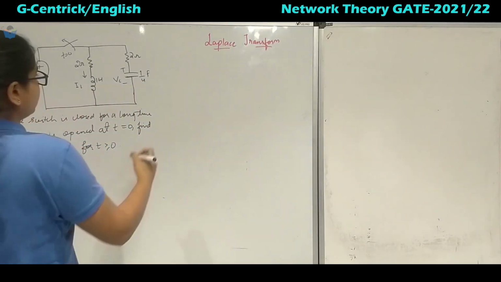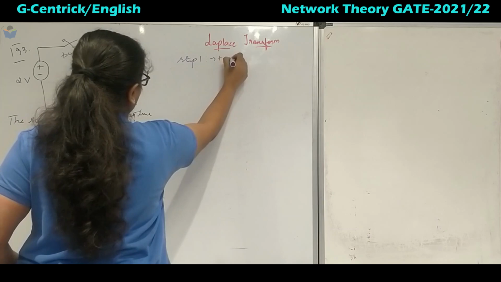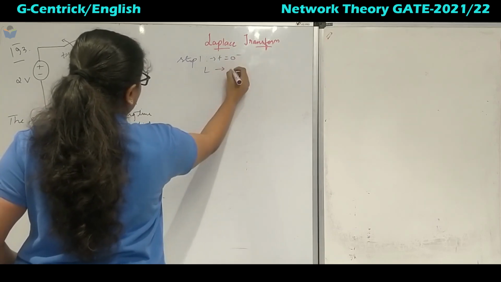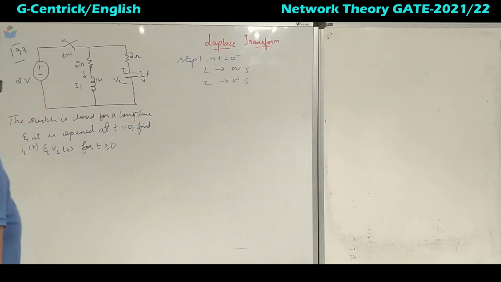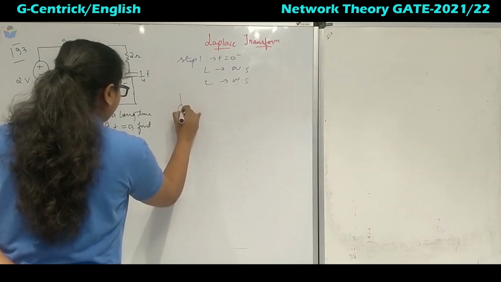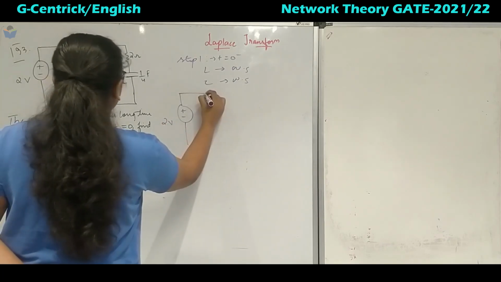So for L and C, step 1, at t equal to 0 minus, L is with source and C is also with source. When it is with source, we will open circuit the capacitor and short the inductor. We will redraw the circuit here. This is a 2 volt source, and the switch is closed.